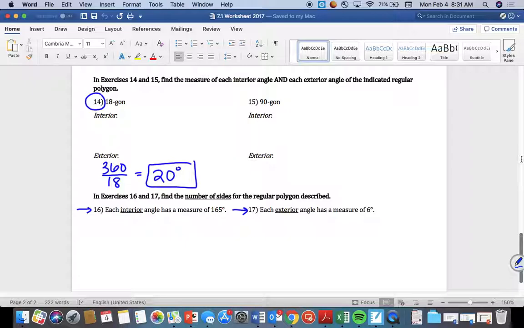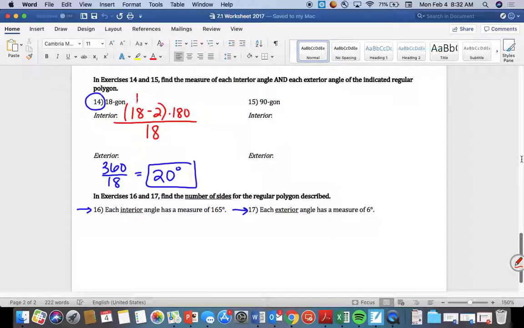Okay, so if we do the interior correct, it should come out to be 160 because they're always going to add up to 180 together if we do this right. I'd like you to know the process, so even though I know the answer is going to be 160, let's practice the process so that our minds can lock in how to do it. For interior, I'm first going to do the 18 minus 2 times 180, and then I'll take whatever number I get and divide by 18, because that's how many angles are there. 18 minus 2 is 16.